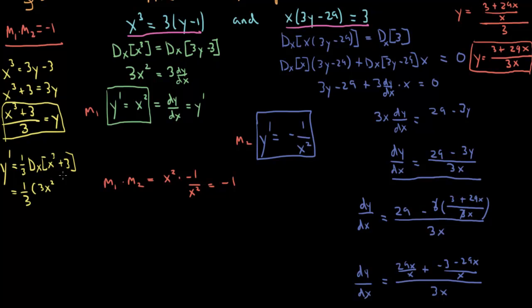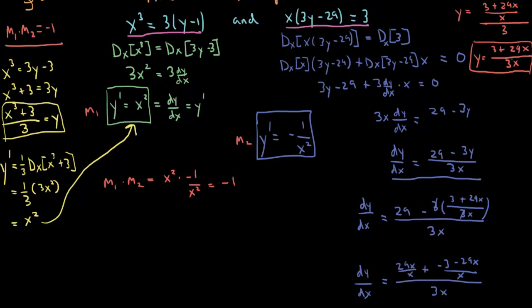What's the derivative of 3? Well, that's just 0. So we get 1/3 times 3x squared, which gives us x squared exactly. So that was easy, but that derivative was easy to start with. Both the implicit and the explicit derivative were very easy in that case.